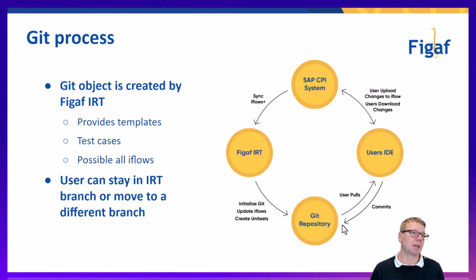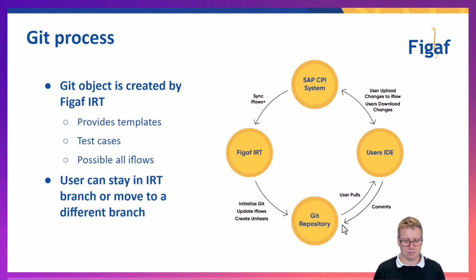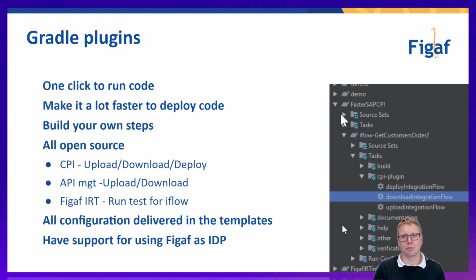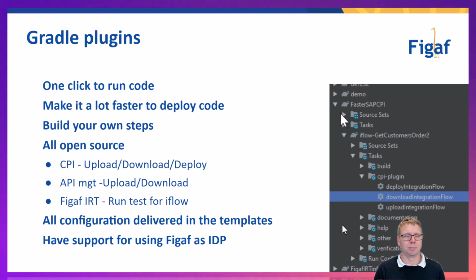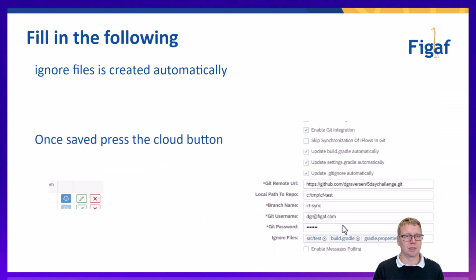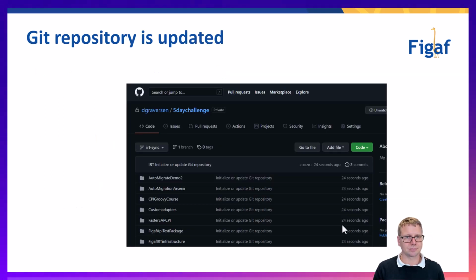We only recommend that you commit, for instance, configuration, documents, etc. There are some Gradle plugins that allow you to work faster, upload, download integration. You will create a Git repository, get some tokens, fill in this data here, and then it will auto-populate the Git repository with all the data.